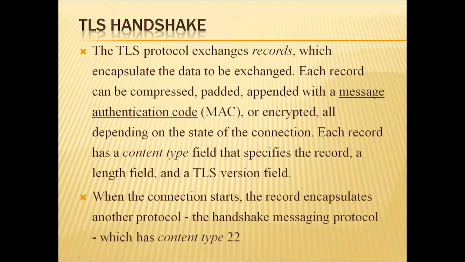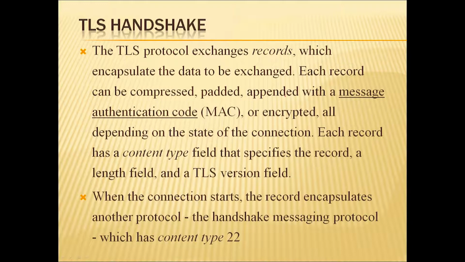When the connection starts, the record encapsulates another protocol, the handshake messaging protocol, which has a content type 22. That means if it is the data for handshaking, it is also a record, but here the data is for handshaking. So the content type, that means what type of record it is, is fixed.